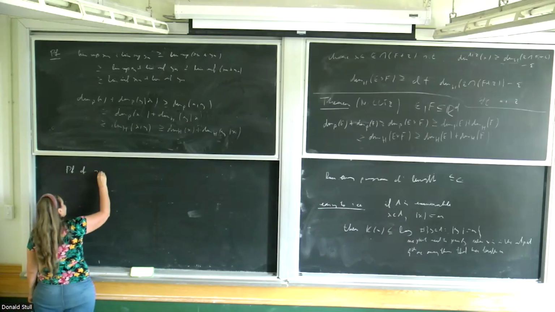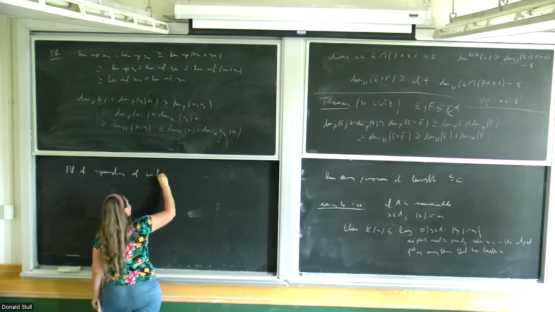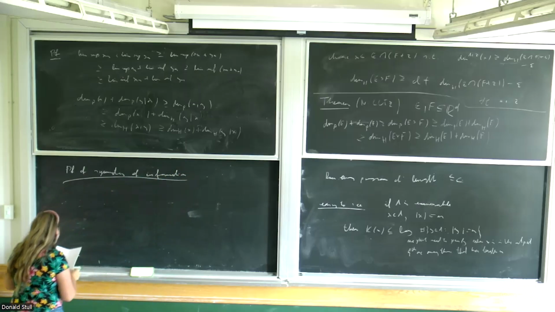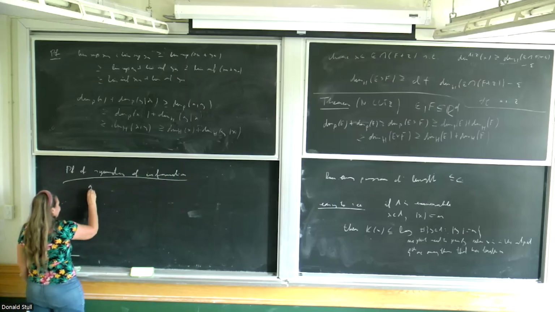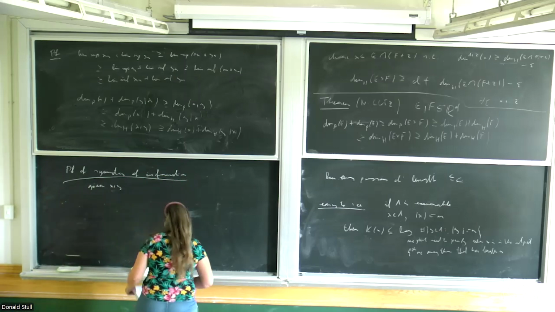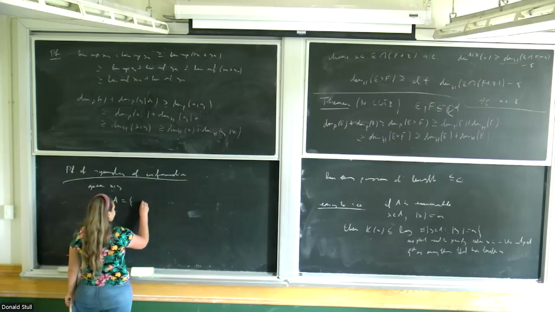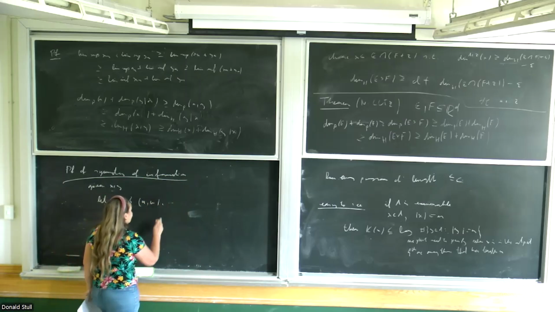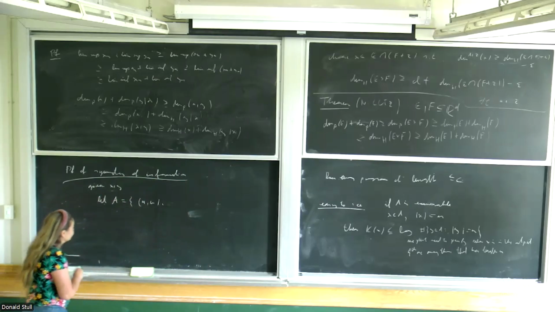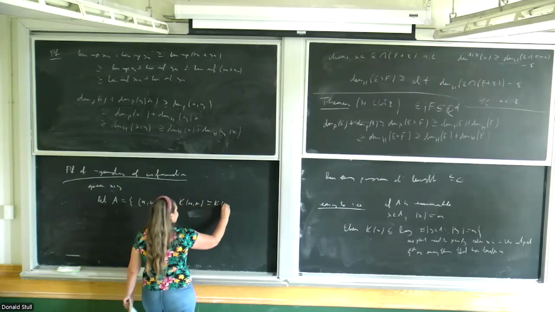Proof of symmetry of information. Given x and y, we want to show that something is true. Let A be the set of those u and v, everything here being a finite sequence of zeros and ones, whose joint complexity is bounded by the joint complexity of x and y.